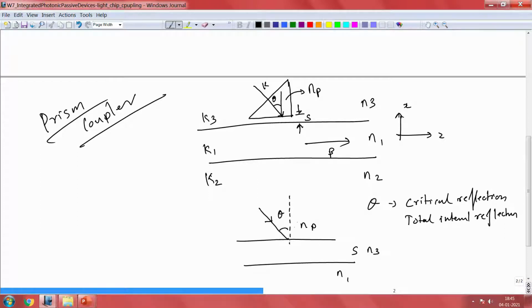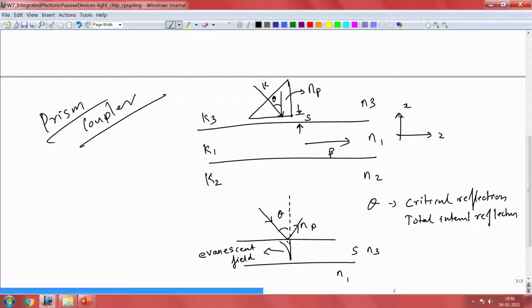When the total internal reflection happens, what do we know? It creates an evanescent field. So, this will create an evanescent field along this direction, because of total internal reflection.